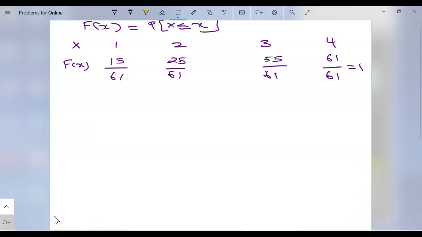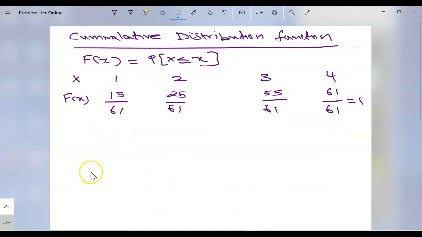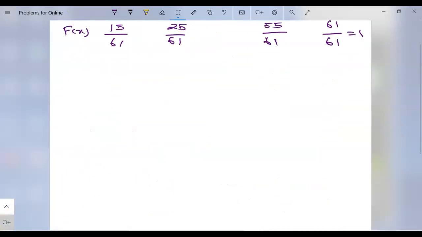Let us go to the next problem. The next problem is: find probability of x less than or equal to 3 given that x more than 1.